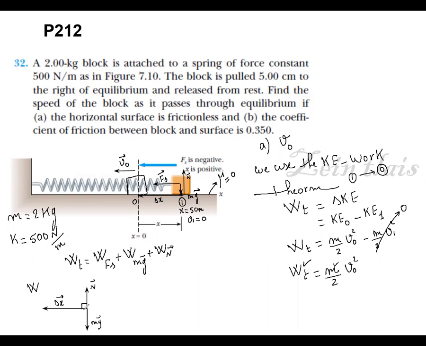The angle equals 90. So the work done by n equals the work done by mg equals 0.